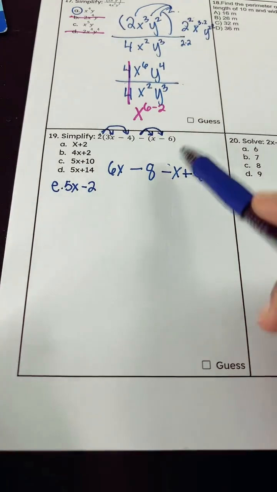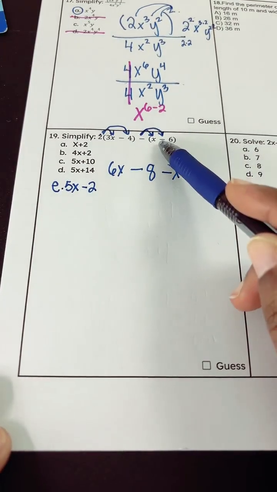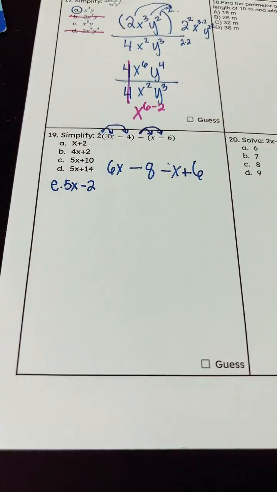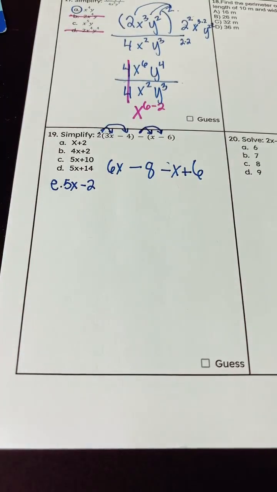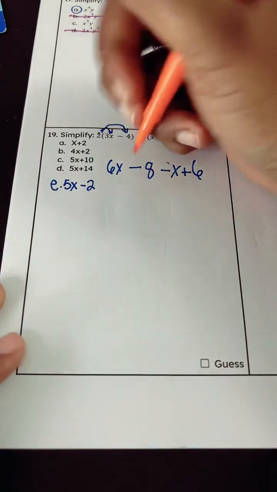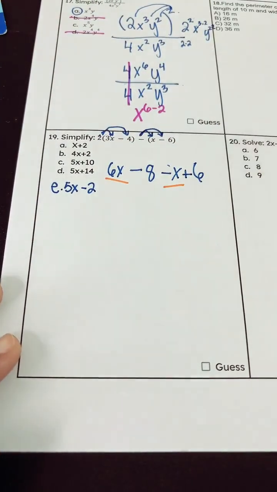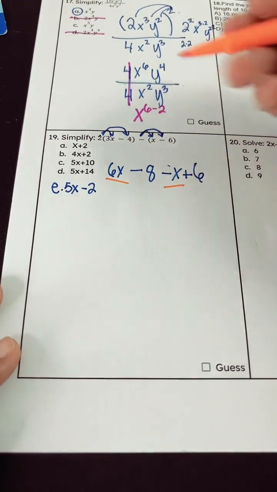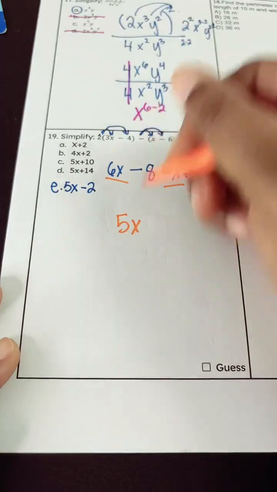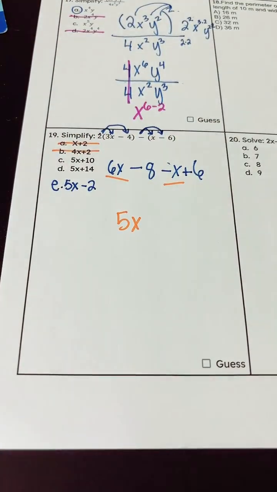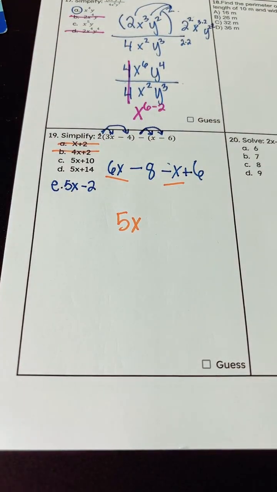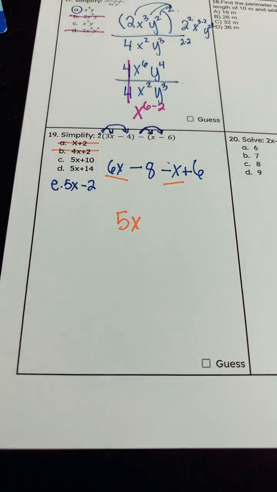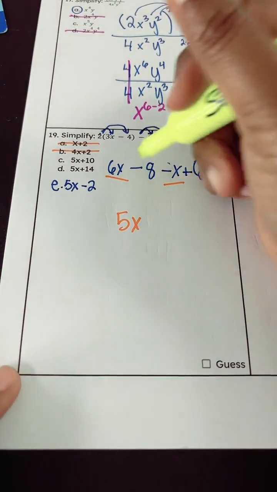Yes, this got to be plus 6, you guys, not minus. Okay, perfect. Good, Carlos. All right, so if we combine this and this, 6x minus x, we have that 5x. Perfect. Everything that don't got a 5x is gone. Now what do we get when we combine this, you guys?